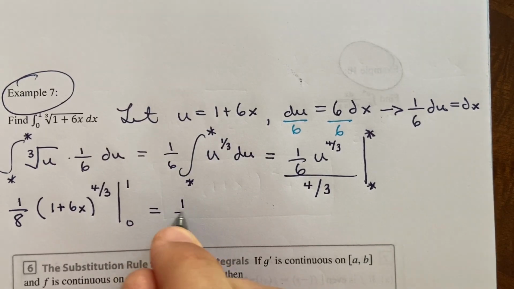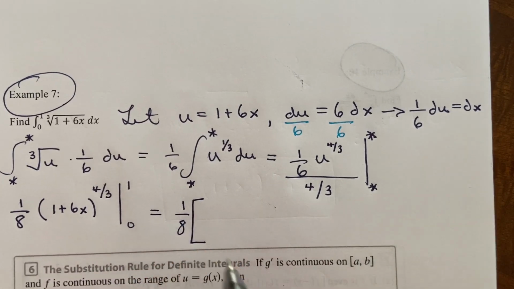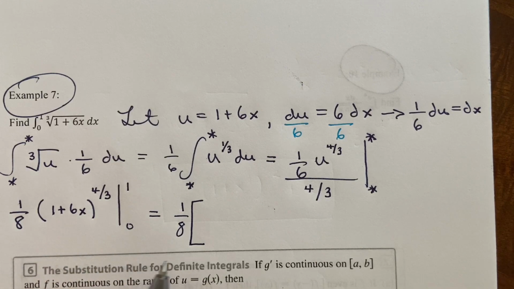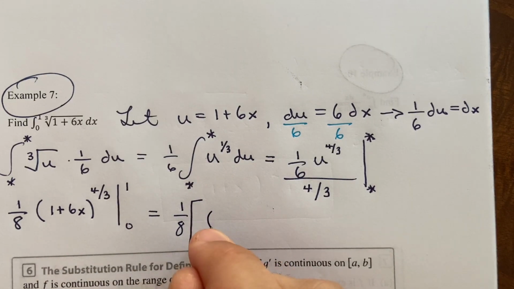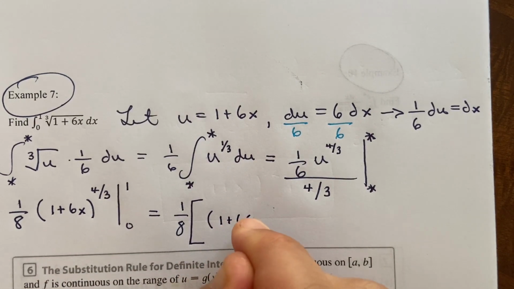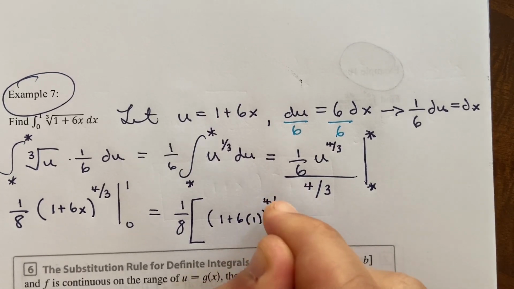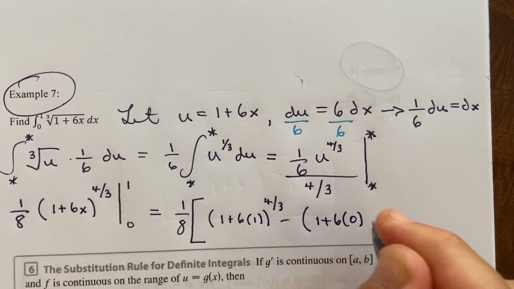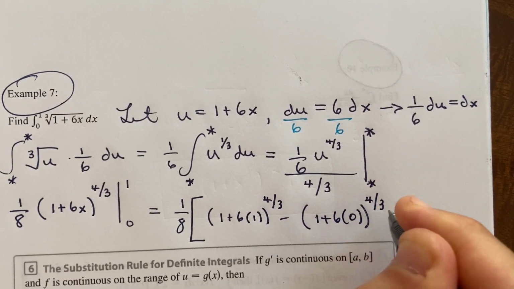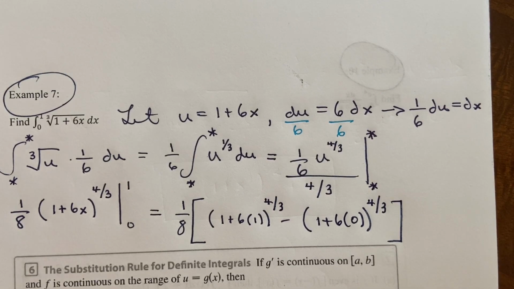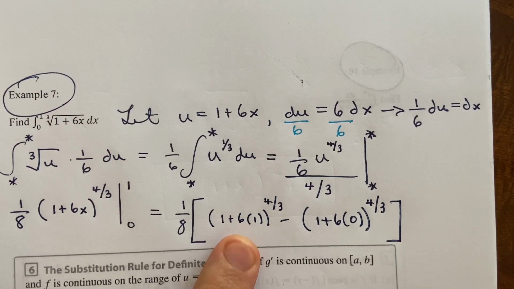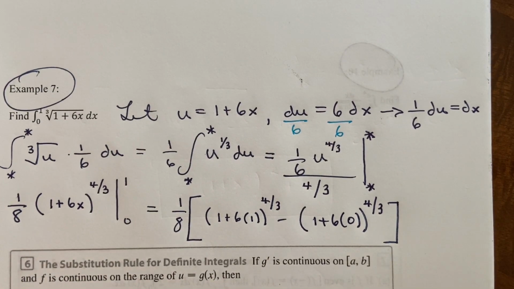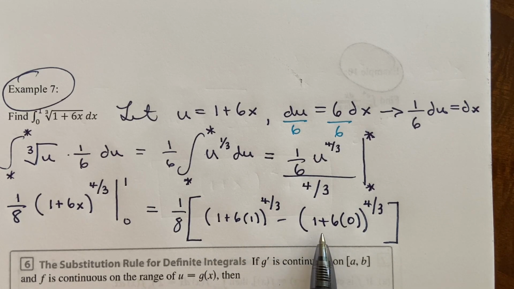So we would have 1/8, and now I'm evaluating at 1, subtracting, evaluating at 0. So 1 plus 6 times 1 raised to the 4/3 minus 1 plus 6 times 0 raised to the 4/3. Let's see what this is. All right, so we'd have 7 to the 4/3 and then minus 1.